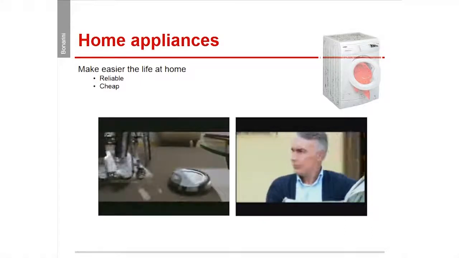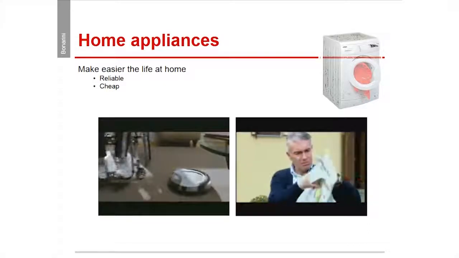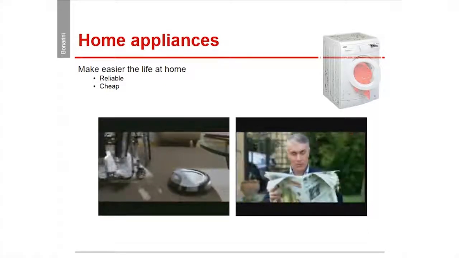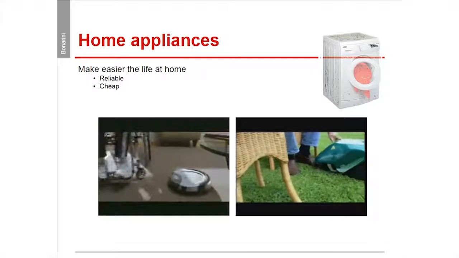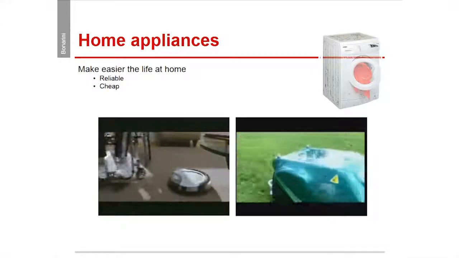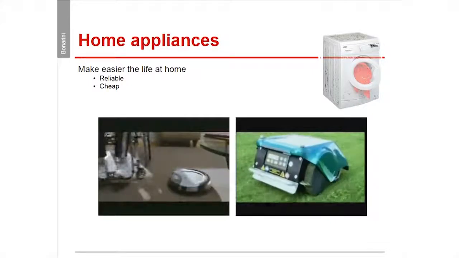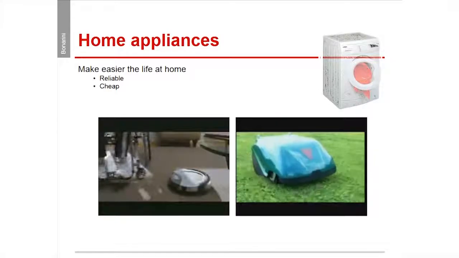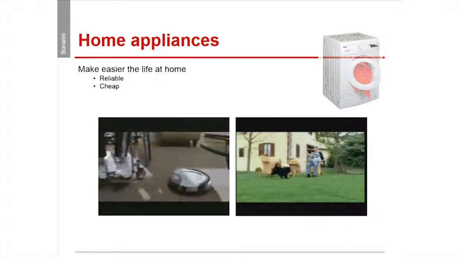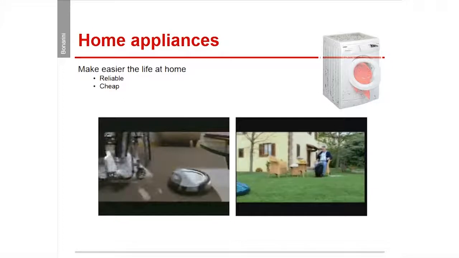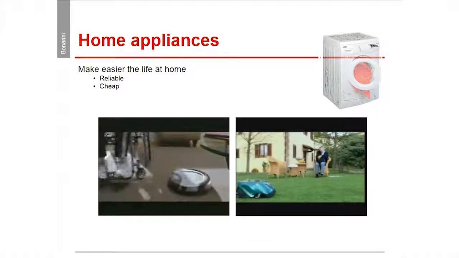The same applies for these lawn mowers, where we have the person that is enjoying his newspaper instead of cutting grass, and there is a nice robot that is cutting grass for him, so that's okay.